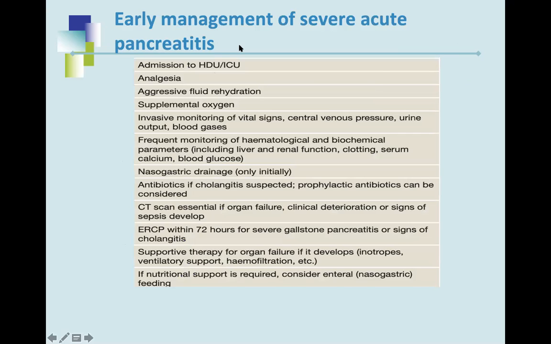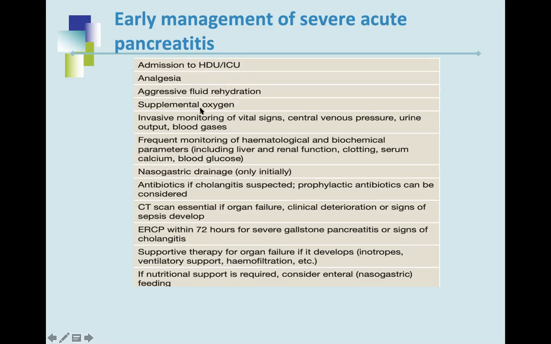Now, once your diagnosis, based on investigations and clinical assessment, is severe acute pancreatitis, then you admit that patient into a high dependency unit or intensive care unit and provide adequate analgesia for the relief of pain, and aggressive fluid rehydration, because if the patient is in shock, you have to replenish that fluid.